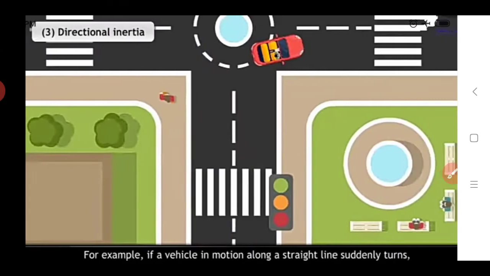What happened, I will explain again. This vehicle is moving along a straight line. The passenger or the driver sitting inside it is also in motion in that direction.